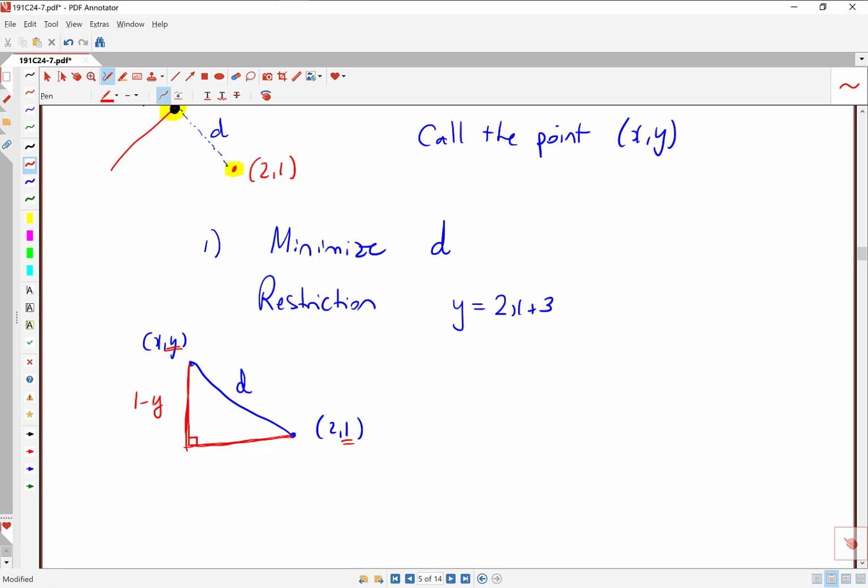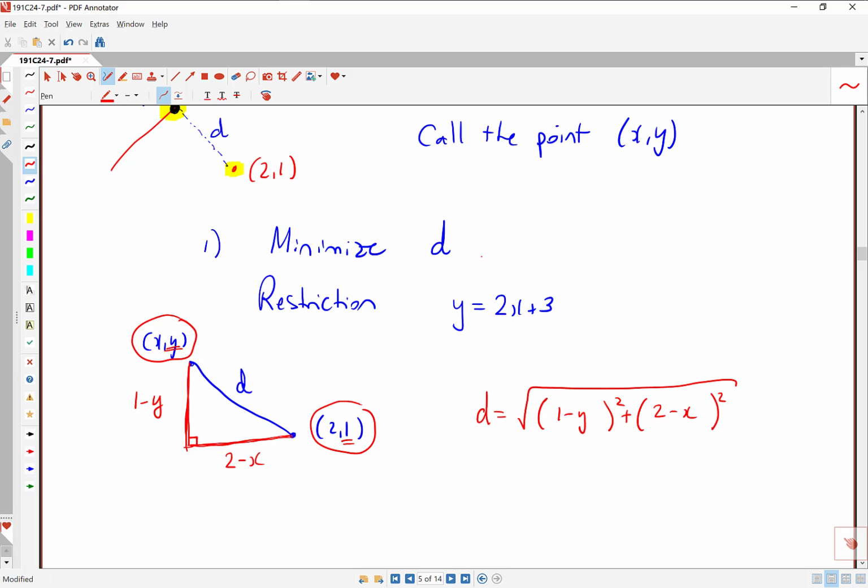So I'm not going to stress too much about which one we're subtracting from which one. So for the horizontal distance, if we do that in the same way, it would be 2 minus x is how far we're traveling in the x direction between those 2 points. Again, if you said x minus 2, that's totally fine because in a moment this is going to be squared anyway. So then from the Pythagorean theorem, d is just going to be the square root of the side lengths squared and then summed up.